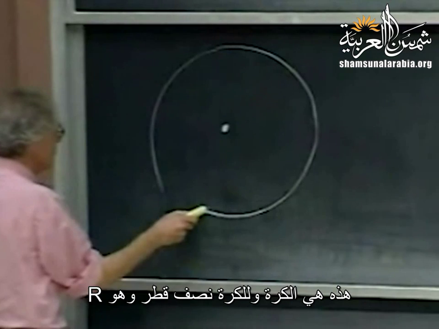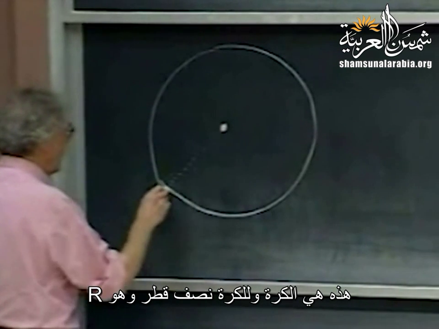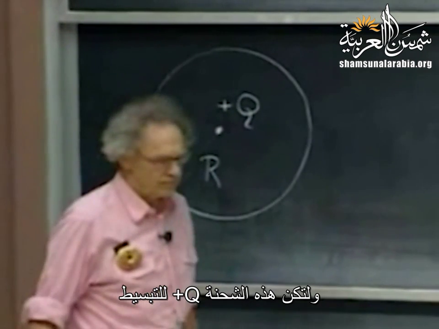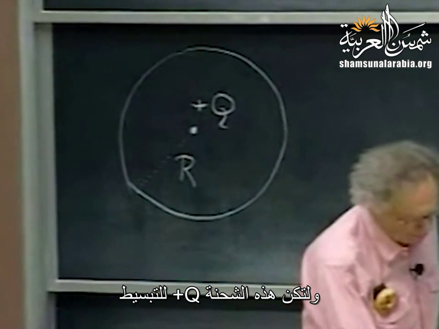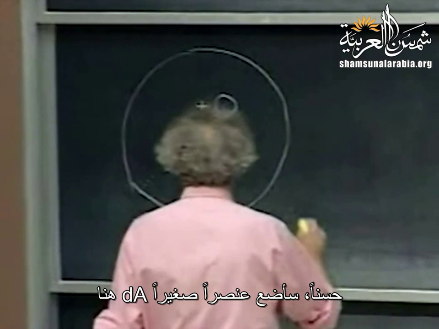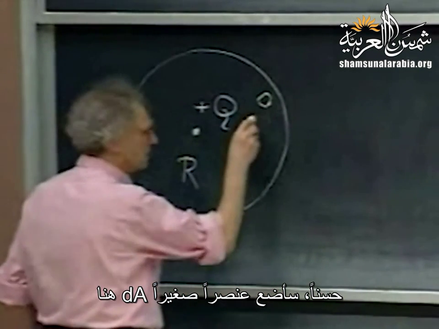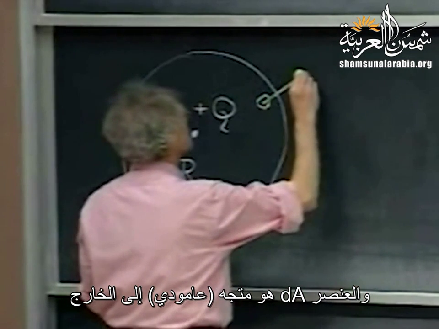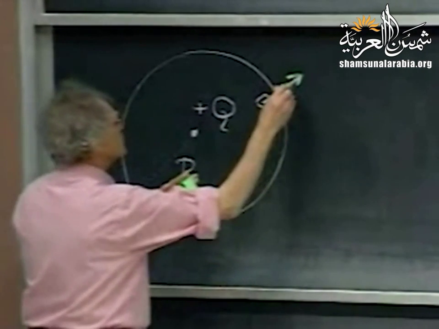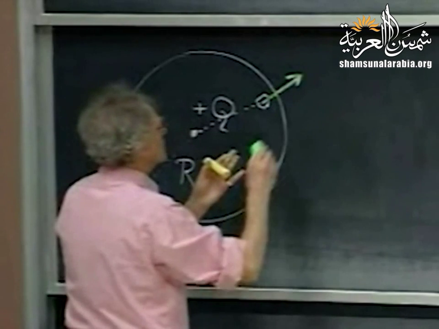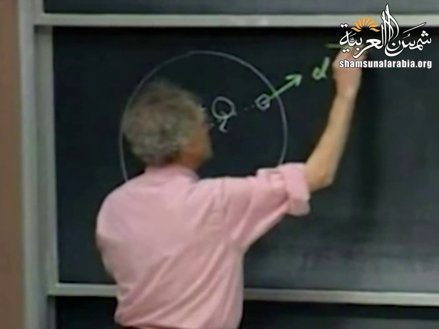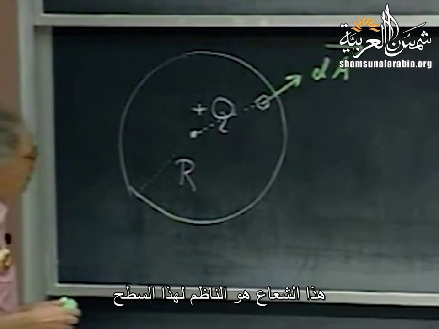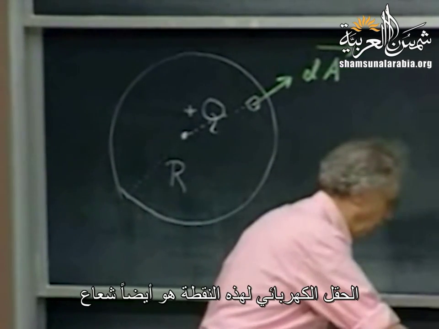It is a sphere, and the sphere has radius capital R. And let this charge be plus Q, just for simplicity. Well, I pick a small element dA here, and that element dA is radially outward. This is the normal to that surface, so that is radial. The electric field at that point is also radial.